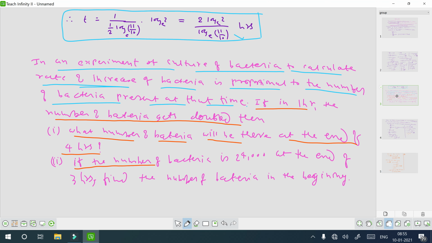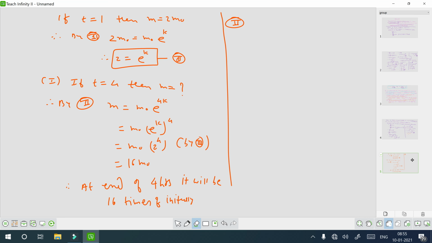If the number of bacteria is 24,000 at the end of 3 hours, at t is equal to 3, m is equal to 24,000, and therefore by 2, 24,000 is equal to m0 e raised to 3k.